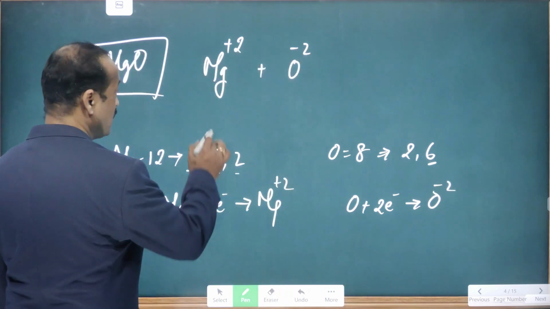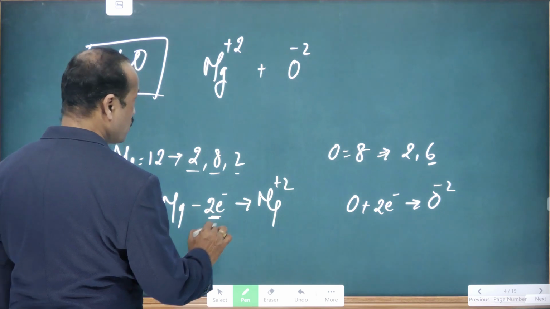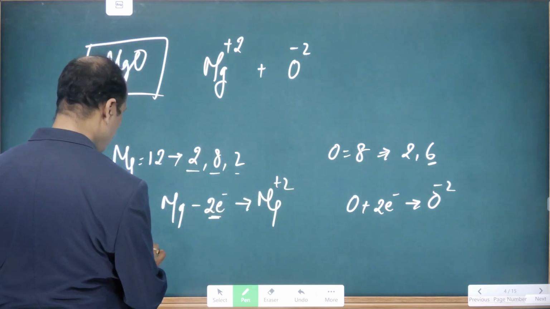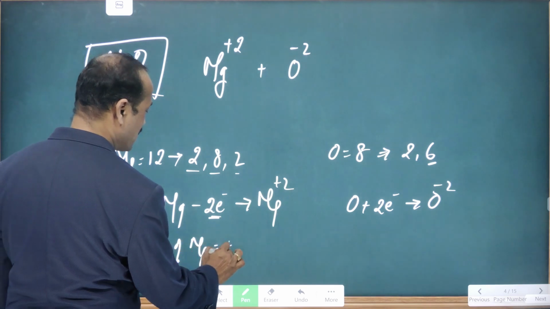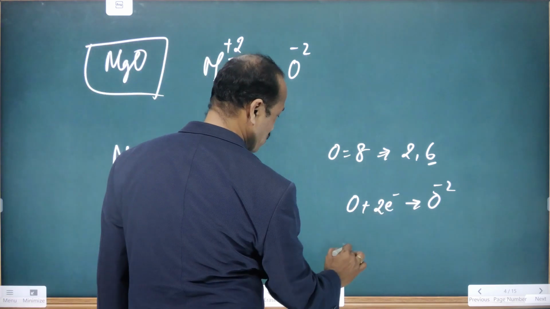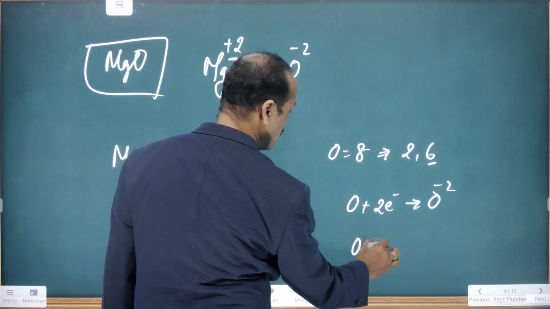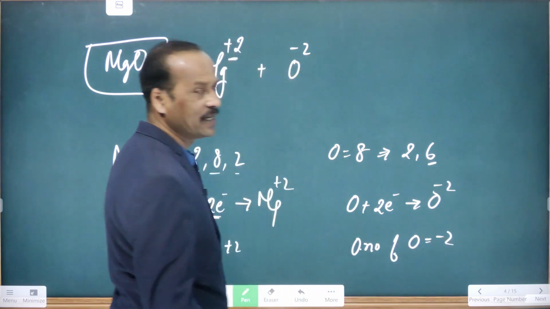So magnesium is losing 2 electrons, and that's why the oxidation number of magnesium is plus 2. And here oxygen is gaining 2 electrons, so the oxidation number of oxygen is minus 2 because it is gaining 2 electrons.